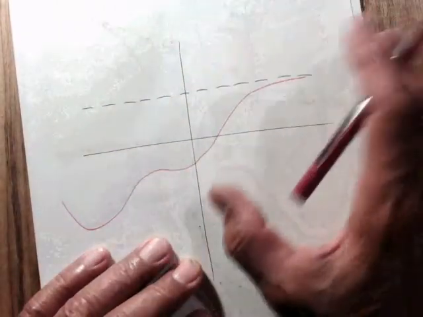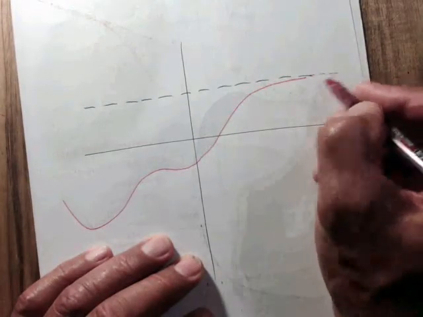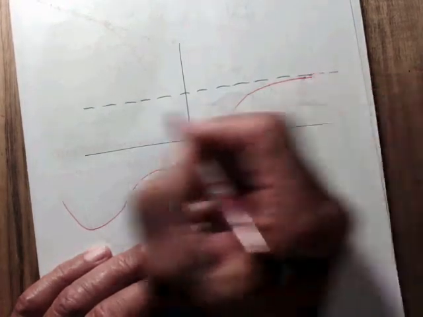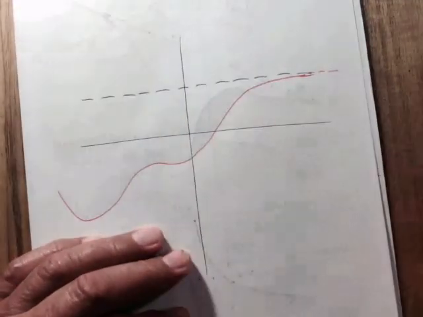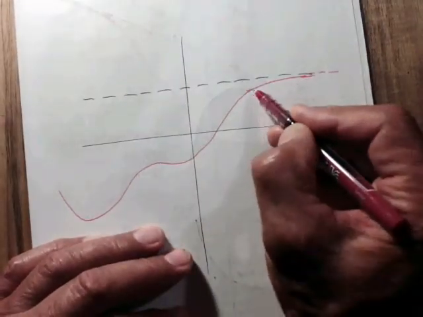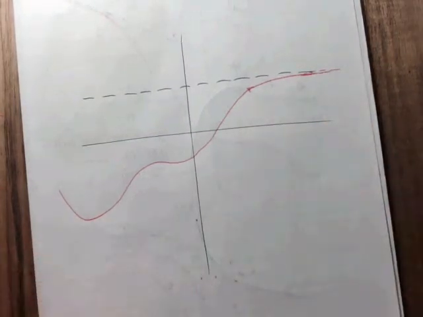What I want to know is where it's not within my reach. That's infinity. Because this line is always horizontal, even at infinity, my graph eventually becomes horizontal if I go far out.